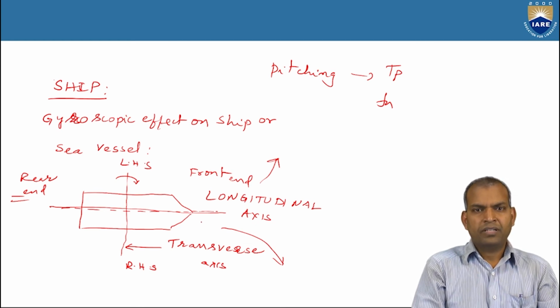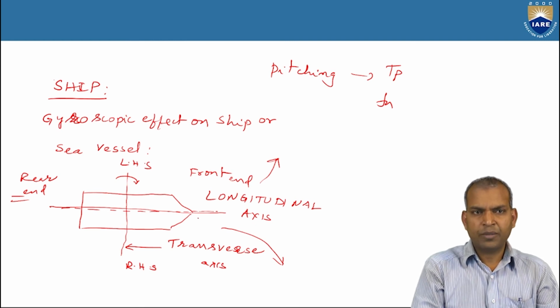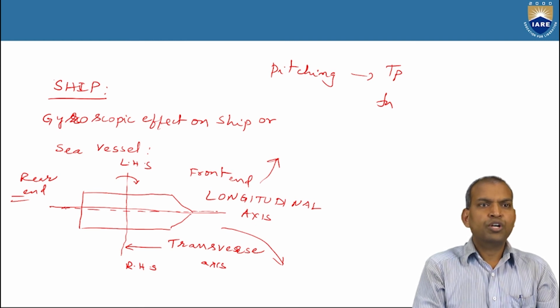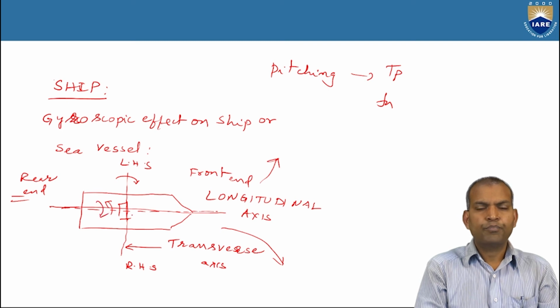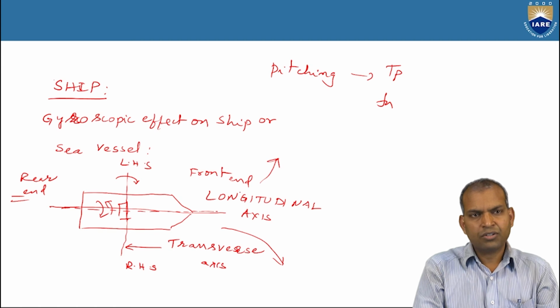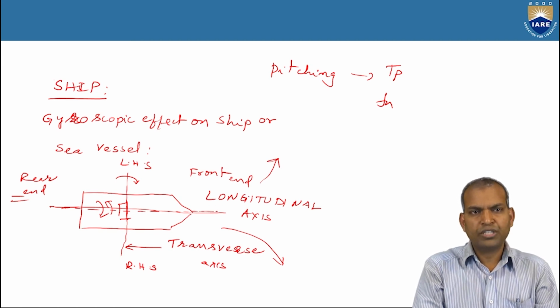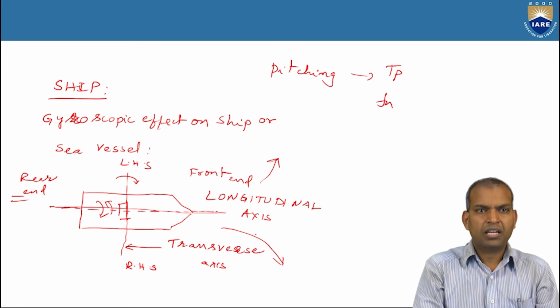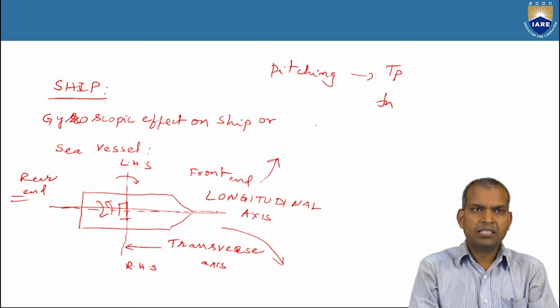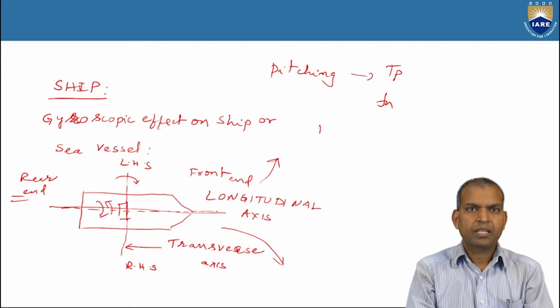And what is the gyroscopic effect when the propeller's rotation is given here? Is it clockwise rotation or anti-clockwise rotation? Based on the rotation and the direction the ship is moving, towards left side or right side, in the case of the ship, 4 cases will be there, more than 4 cases.